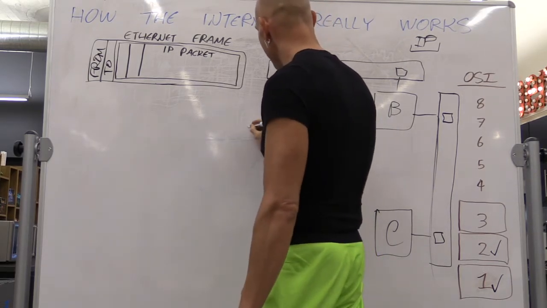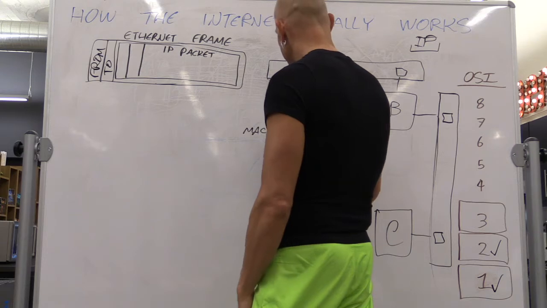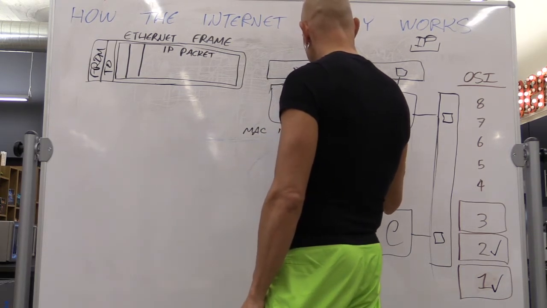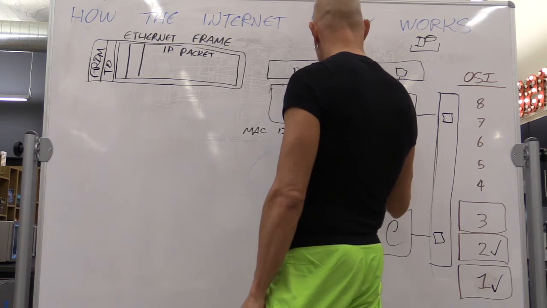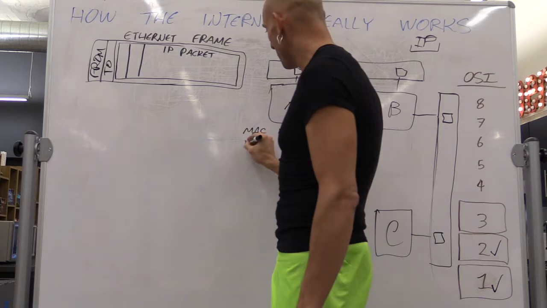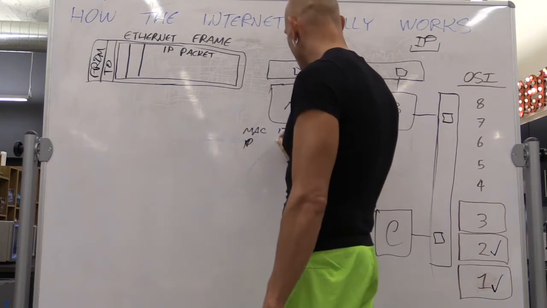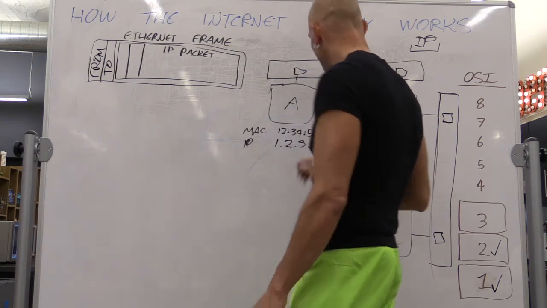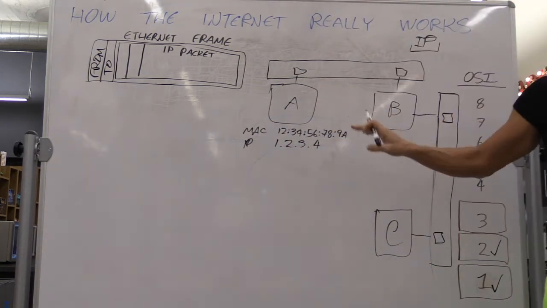And so, we'll just say, for the sake of completeness, I'm just going to draw this on one of them. A might have a MAC address of, let's say, 1, 2, 3, 4, 5, 6, 7, 8, 9A. And we'll give it an IP address of, let's say, 1.2.3.4. So literally, A now has two addresses.